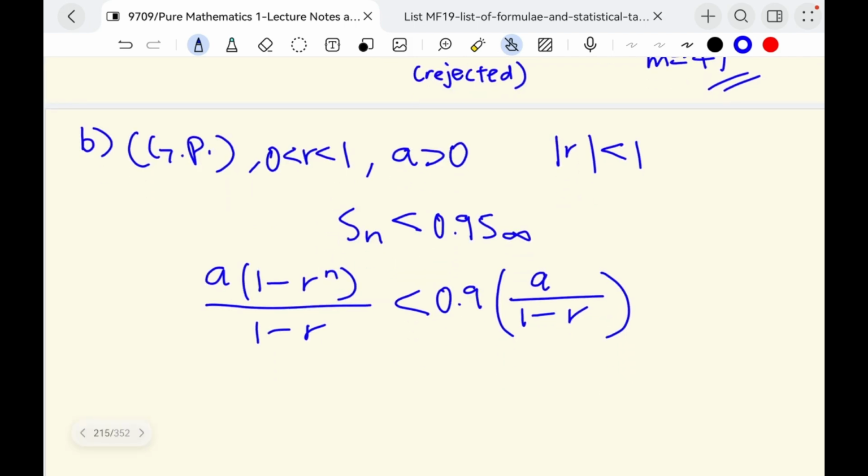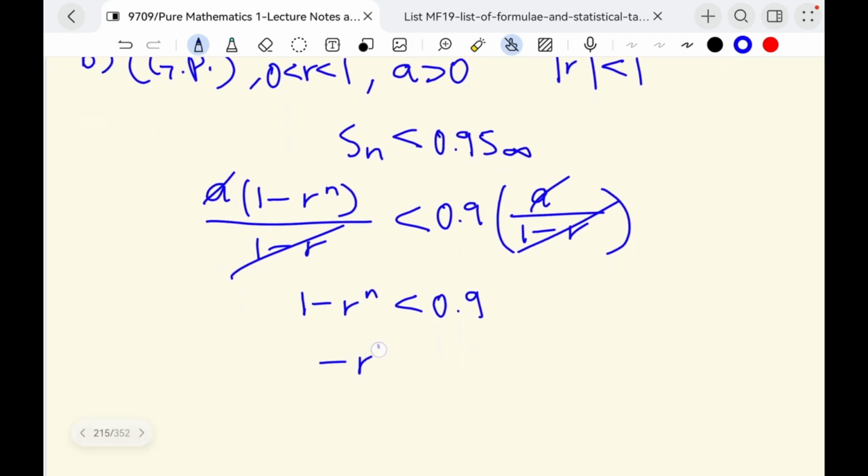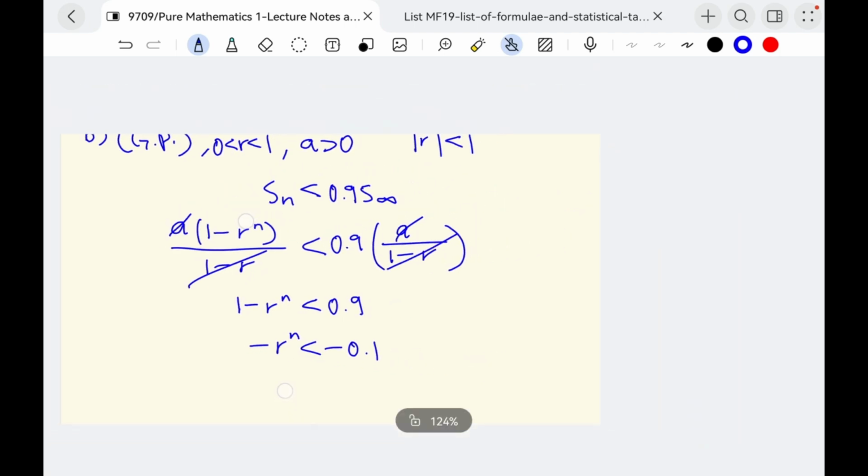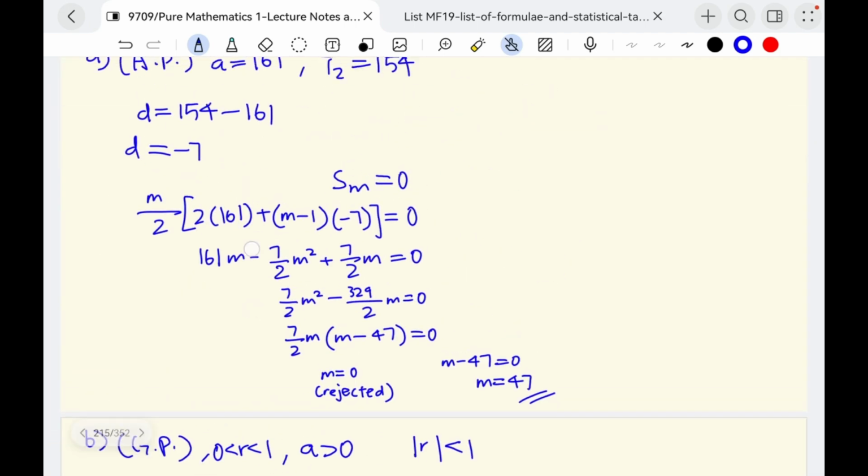Okay, as you can see, a can be cancelled out, and 1 minus r is cancelled out as well. So 1 minus r to the power of n is less than 0.9. Okay, so move the 1 to the other side. So minus r to the power of n is less than negative 0.1, if not mistaken.